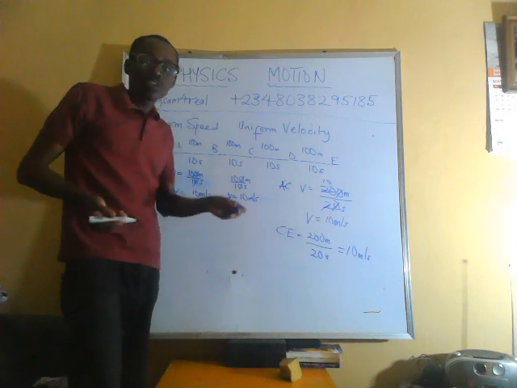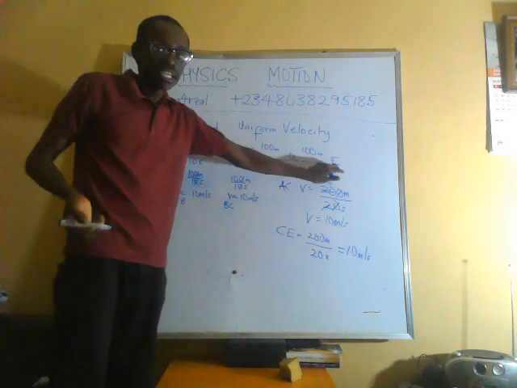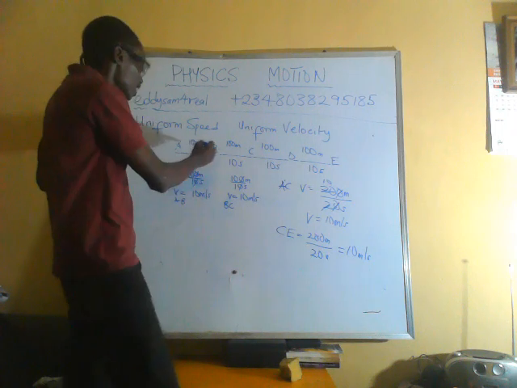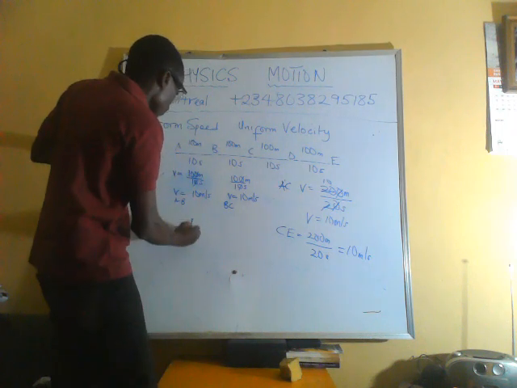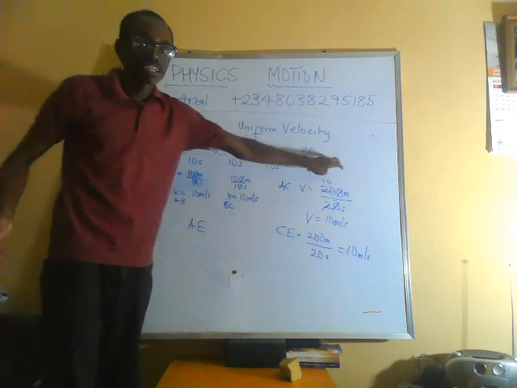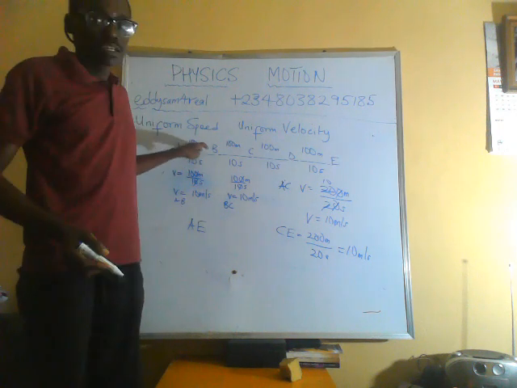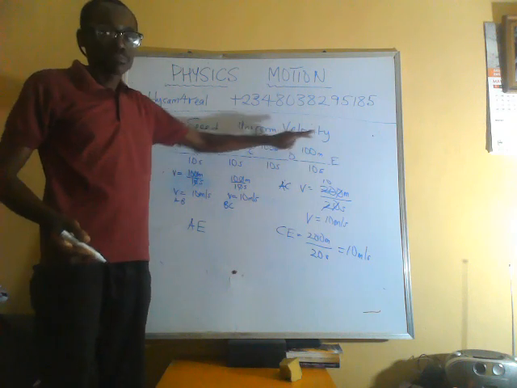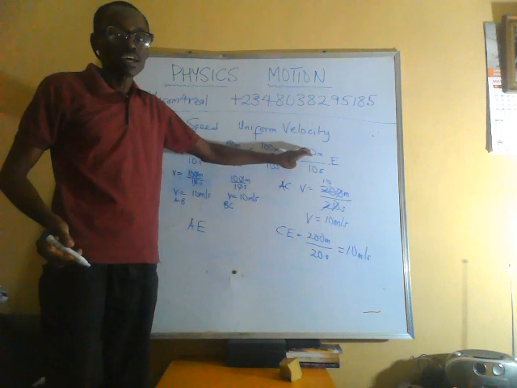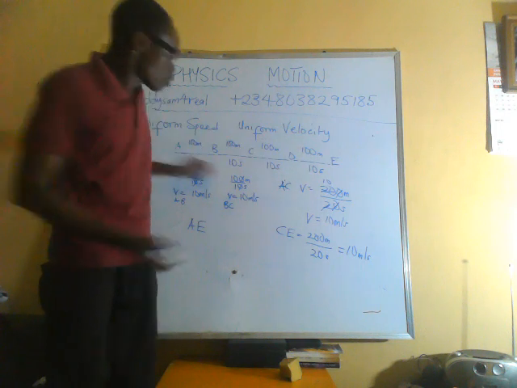Let's calculate the velocity from A to E and check it. What's the total distance from A to E? This is 100 plus 100 plus 100 plus 100, which gives us a total of 400 meters.